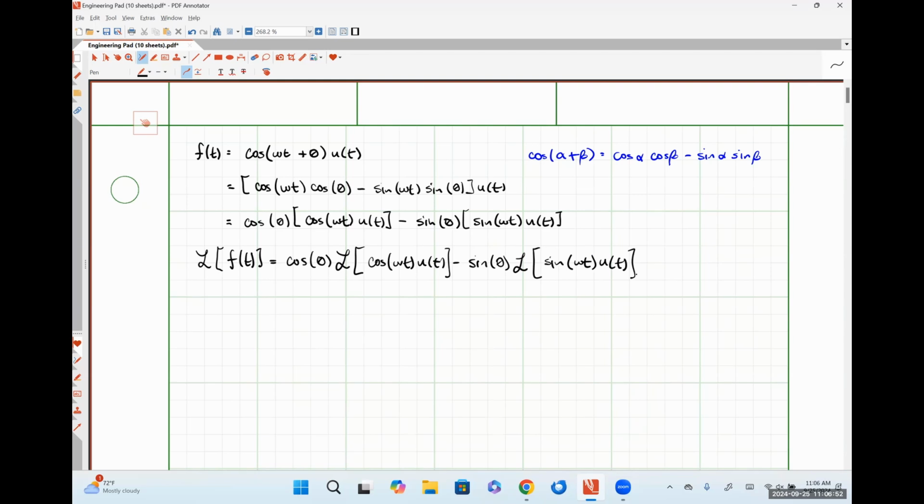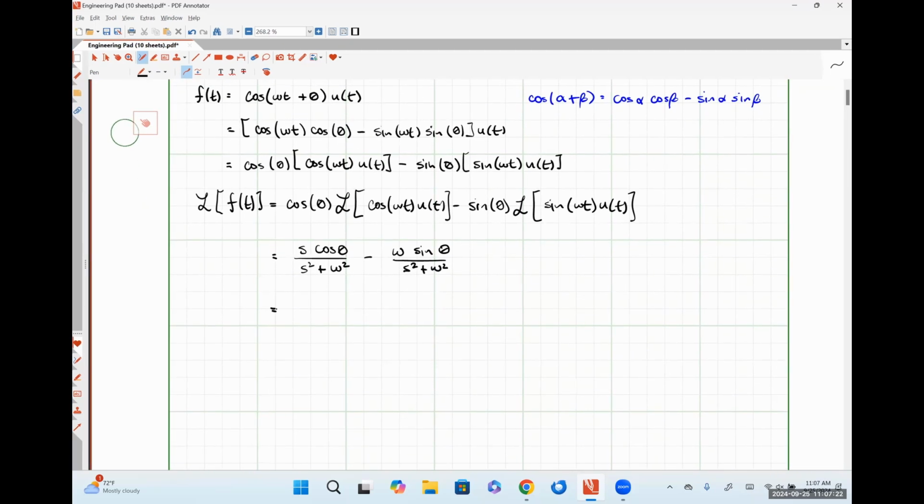Substituting in from our previous parts on our table, this is going to look like s times the cosine of theta divided by s squared plus omega squared, minus omega times the sine of theta over s squared plus omega squared.